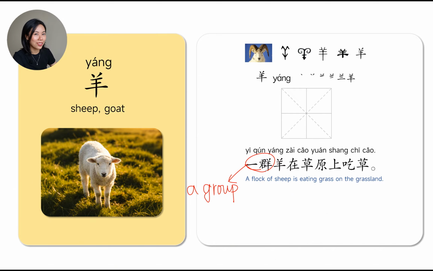A funny thing to talk about, you can see in the 群, it also has a sheep character in it. Actually, we can call it the sheep radical because most sheep want to stay in a group instead of staying alone, right? So we have a sheep radical in the character for group.